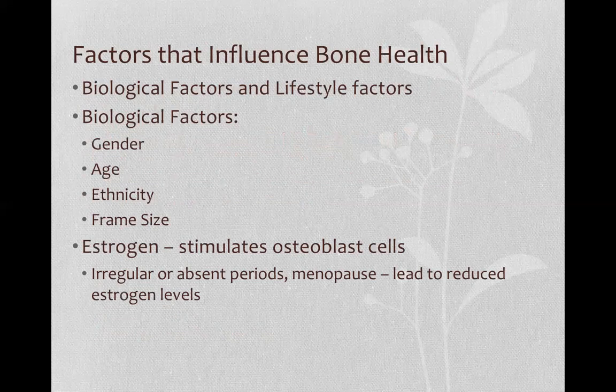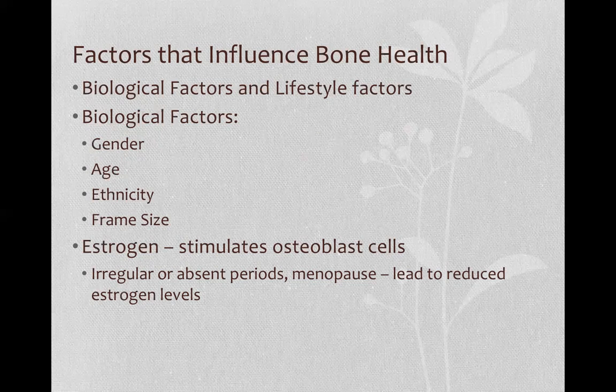Okay, so there are biological factors and lifestyle factors, and some of them do slightly overlap, but I'll go over them anyways. So the first one is gender. Women generally have lower bone density than men, and they generally have lower peak bone mass than men. Age, like I said, after age 30, we've pretty much achieved our peak bone mass.